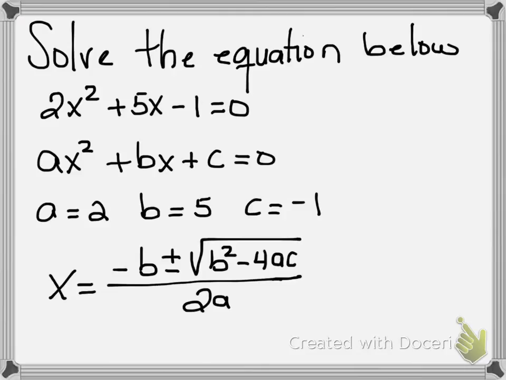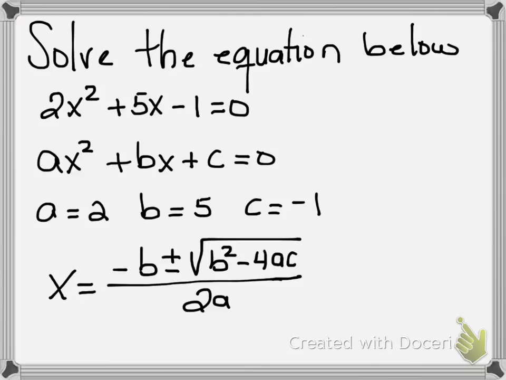Again, make sure you understand that the quadratic formula is x equals negative b plus or minus the square root of the expression b squared minus 4ac all over 2a.